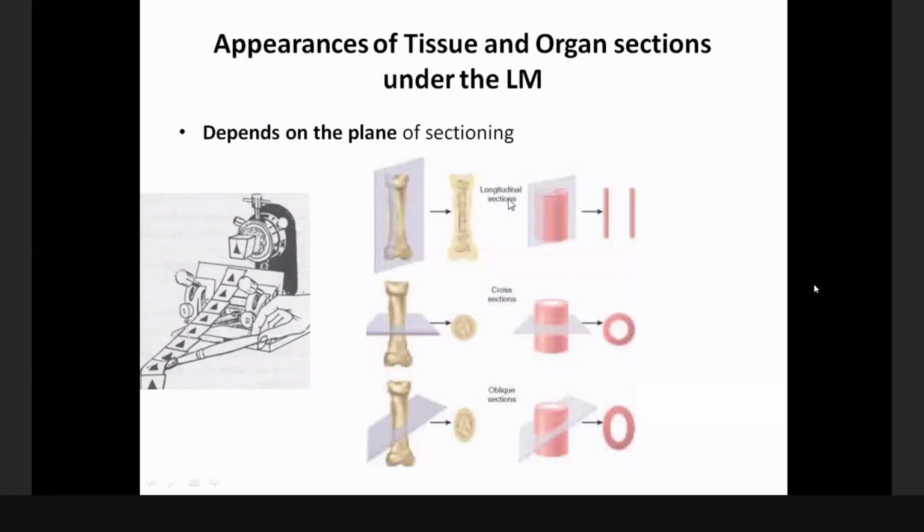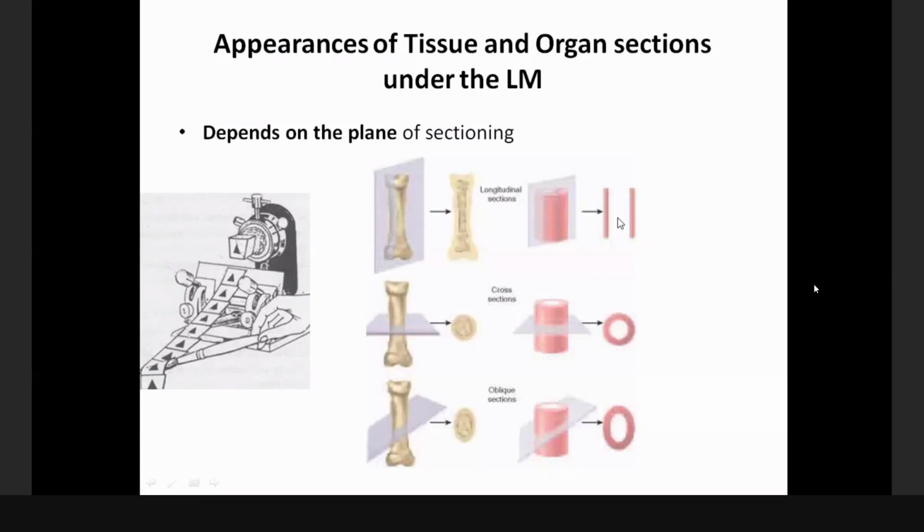So these three planes of sectioning are important. The tissue or organ may be cut longitudinally, transversely or cross-sectionally, or obliquely. And all this matters for the appearance of your tissue under the microscope. Mind you, to teach you about bone in histology, we are not going to bring the whole bone to you.